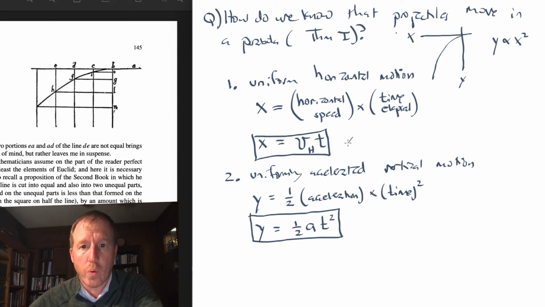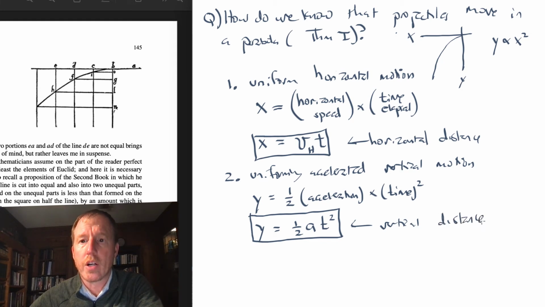So this is the horizontal distance it moves. And this is the vertical distance. Notice what we're doing here is that we are somehow breaking this problem up into two separate and independent motions.